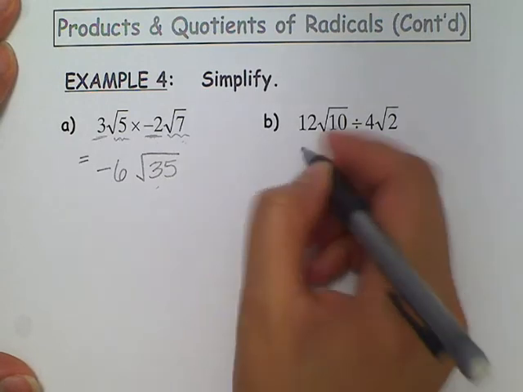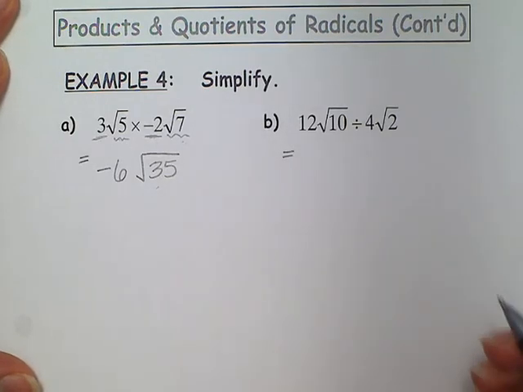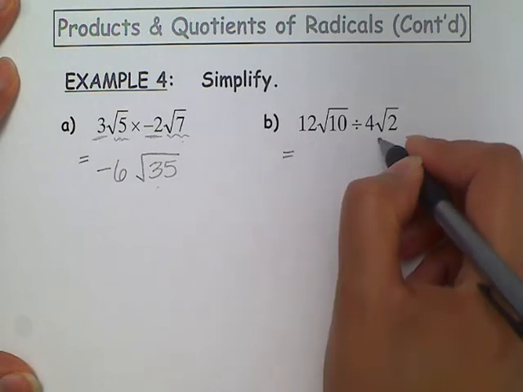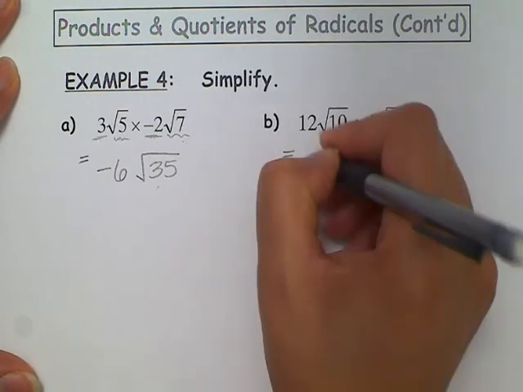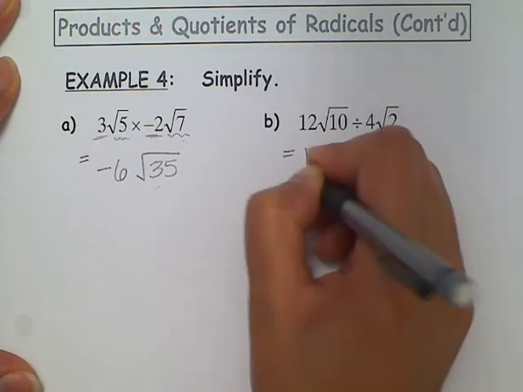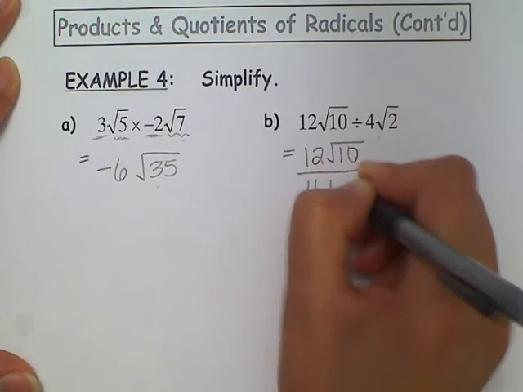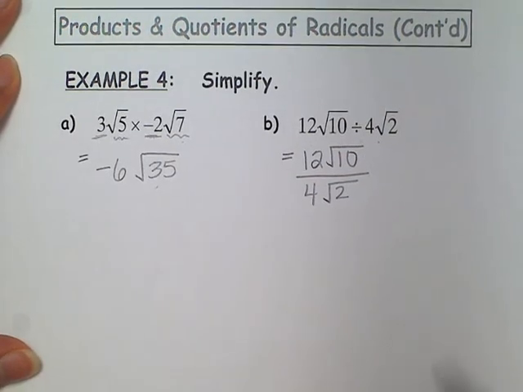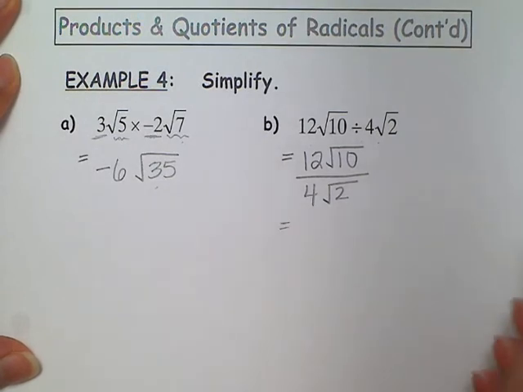Okay, the second question looks at some division between two radicals. I have 12 times the square root of 10 divided by 4 multiplied with the square root of 2. And I can rewrite this in a different form. So this is division across. I'm going to rewrite it as division down because sometimes it just makes it easier to see what the operations are and what values I can simplify with other ones.